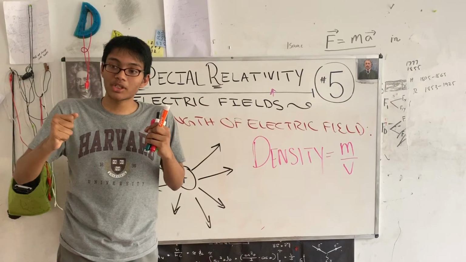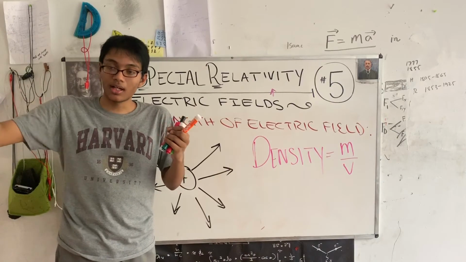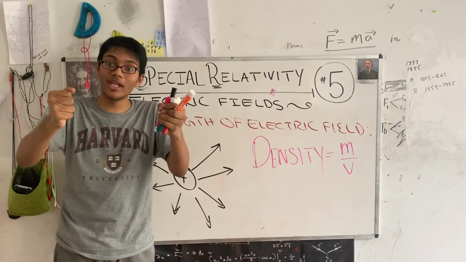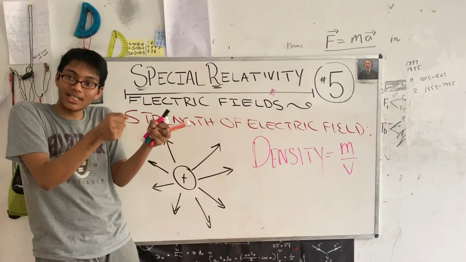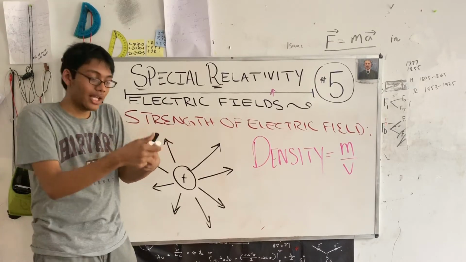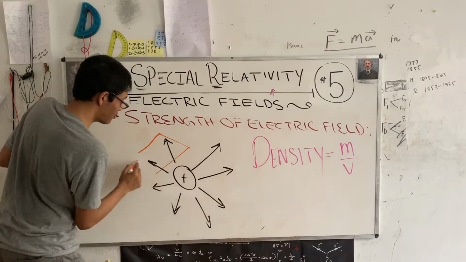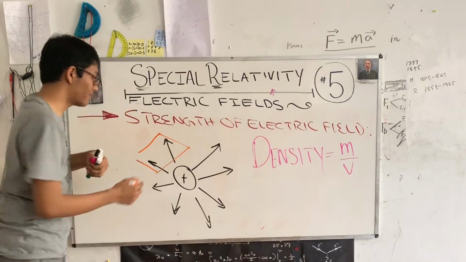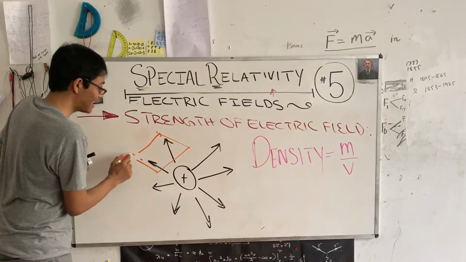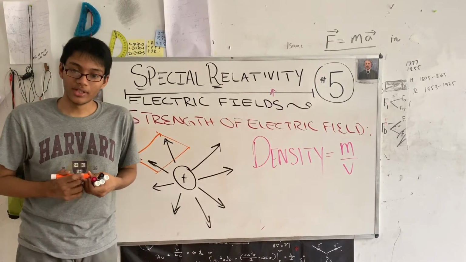Grab that picture of your pet, take out your dog, your cat, whatever, throw it out, and take just the frame. Take that frame, hold it perpendicular to the electric field vectors that are coming out, and literally count how many of those vectors pierce that frame. Okay? And then you'll have the area density of the electric field.